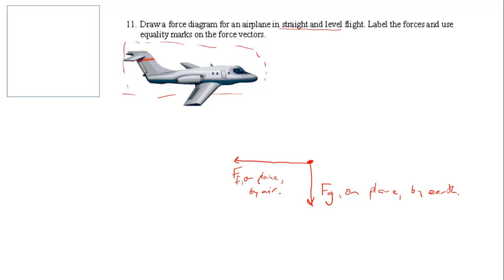Okay, how does the plane work? The engines have propellers, they spin around, and what they do is they push air out the back. They physically push air molecules against the propeller. That pushing of the air molecules backwards pushes the plane forwards.